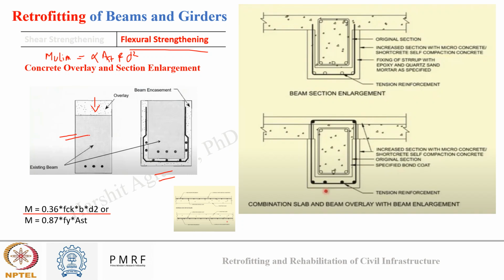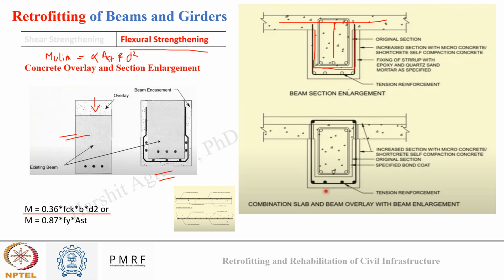Now the CPWD Handbook of Repair and Retrofitting also shows clear diagrams of such methods. In the first diagram, section enlargement is done on the underlying beam. Here you can see there is a T beam. This is the old concrete, the boundary of my existing structure, and over it additional concrete was provided with steel tendons to strengthen the existing beam.